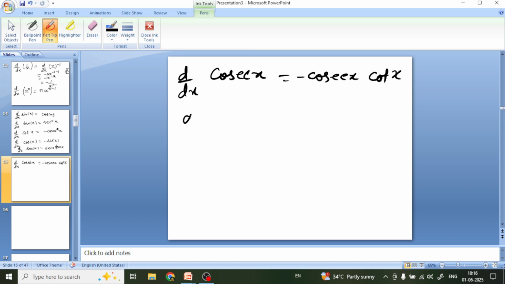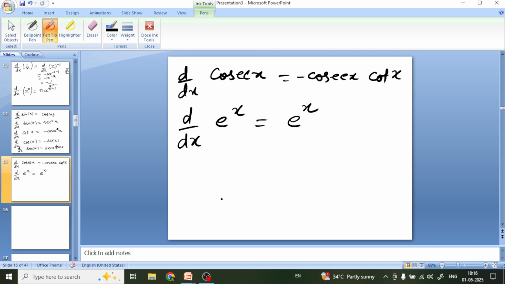If you find the derivative of e raised to power x, that should be equal to e raised to power x. There are so many formulas.